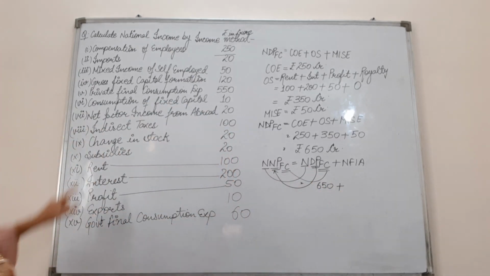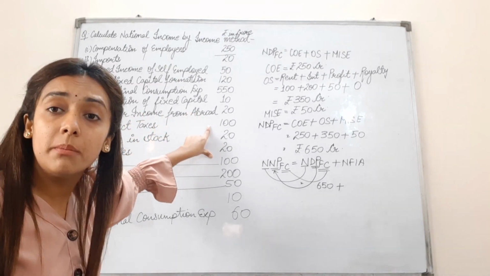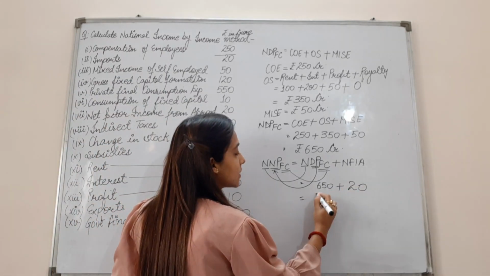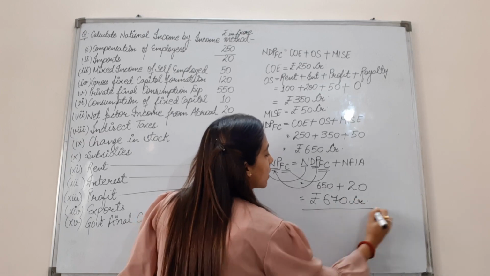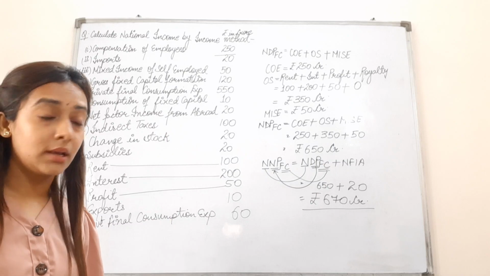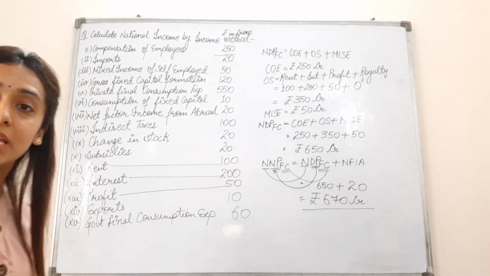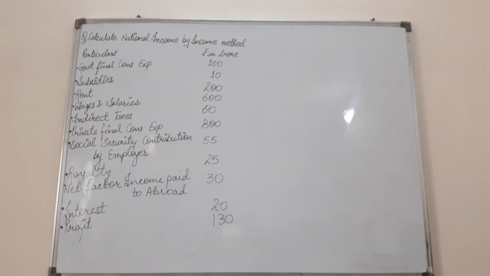What is NFIA? Net factor income from abroad. It is given 20. So the answer will be rupees 670 crore. So this was the first numerical question, that is we have to calculate NNP at FC. The answer is 670 crore.